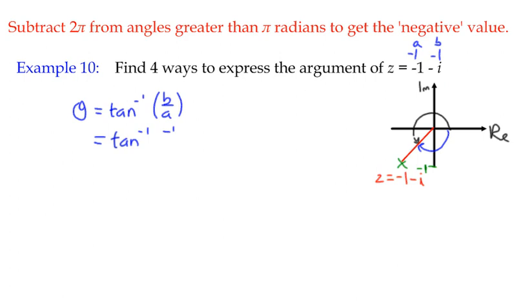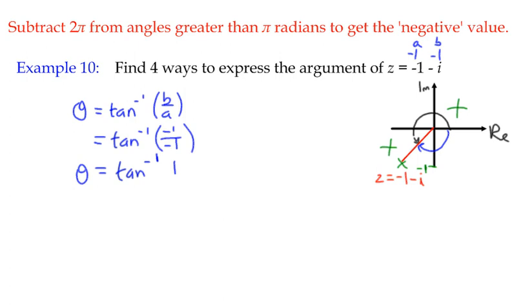So it's -1 over -1, which divides through to give us 1. By inspection you might know there's 45 degrees from that graph, but from theta equals the inverse tan of 1, there are 2 angles that give us a positive value. Because it's tan, it's either going to be in the 1st or the 3rd quadrant, and our diagram tells us it's going to be in the 3rd quadrant.